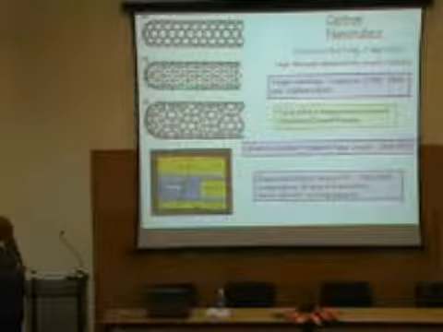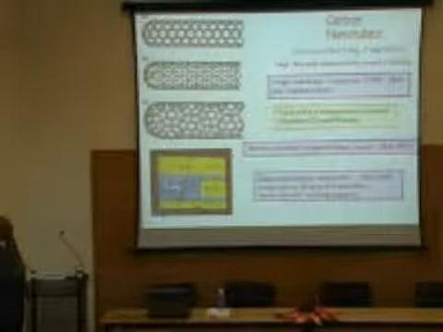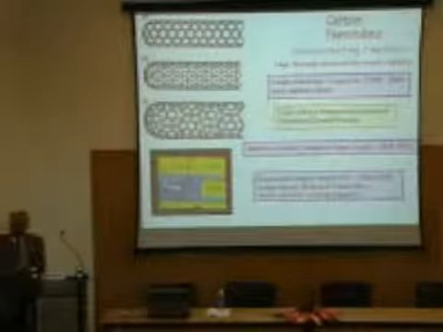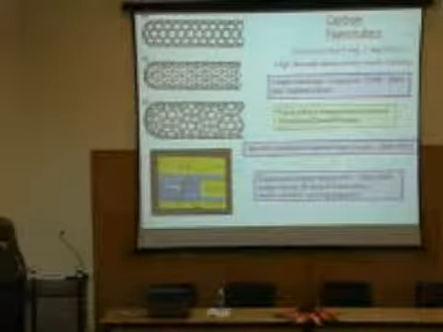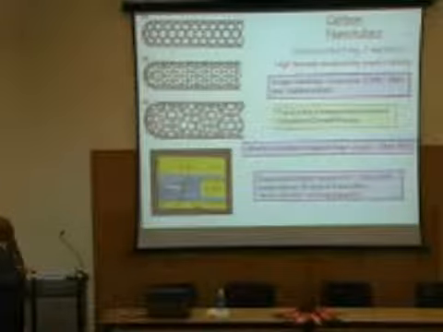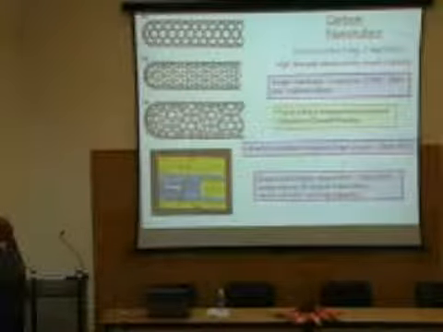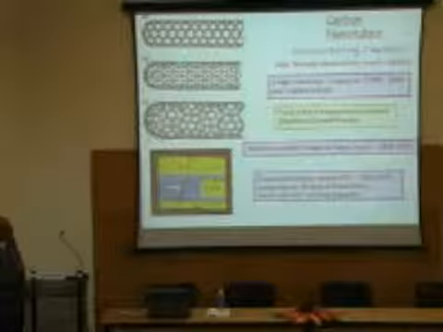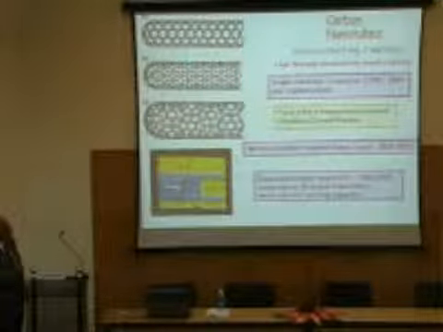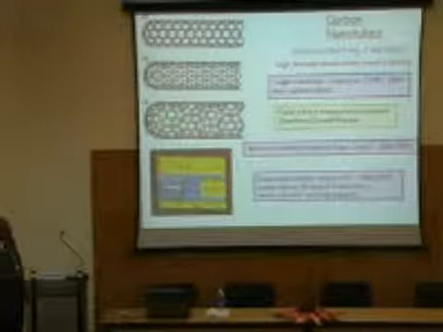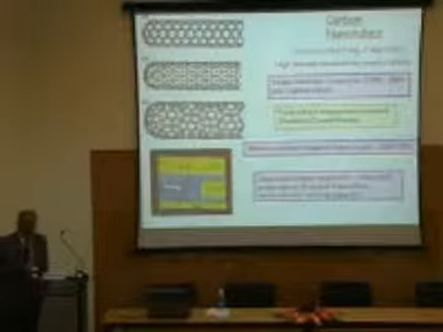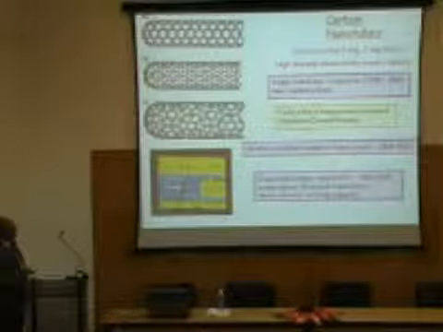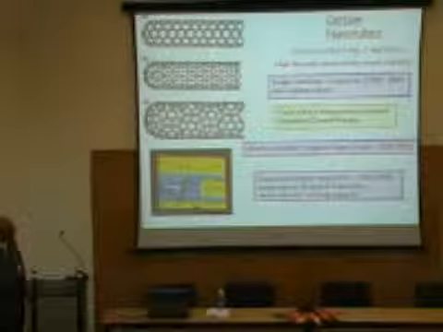It is hexagonal in the linear part, whereas it becomes pentagons at the region where the tube curves. And there are different types of tubes depending on certain patterns. I won't go into that. And depending on the patterns, these tubes can be semiconducting or metallic. Okay? And you can have different types of these carbon nanotubes.